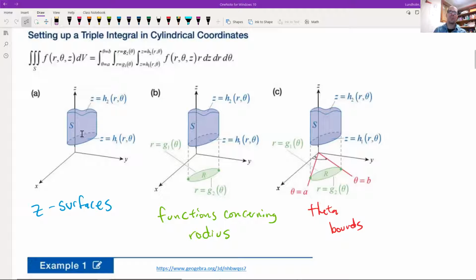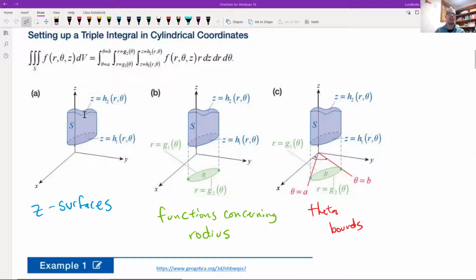But then the new thing in cylindrical coordinates is that we look for a z surface, some function of r and theta, normal functions like we're used to thinking about, one being the top function and one for the bottom function. And those are what goes on your bounds every time.